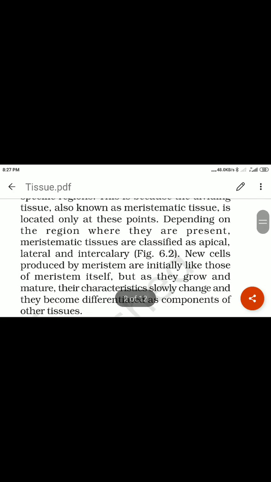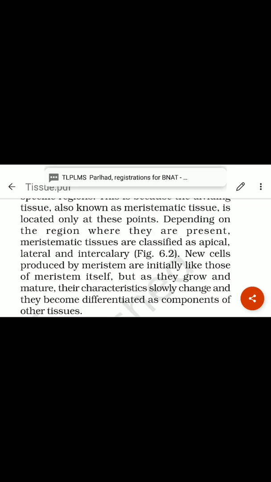It is located only at these points, depending on the region where they are present. Meristematic tissue is classified into three categories. First, apical meristematic tissue is present in the apical region.